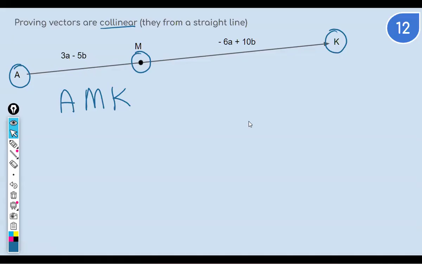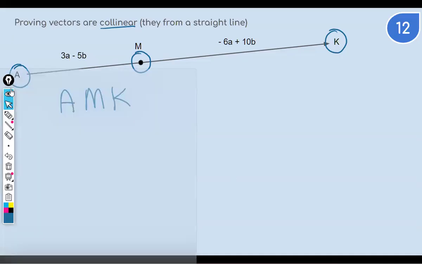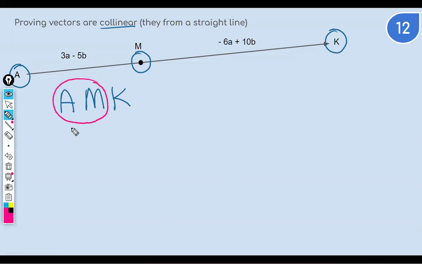Now, here's what you have to do. Once you write down the 3 letters, circle the first 2 letters. Where are the first 2 letters? The first 2 letters are A and M.